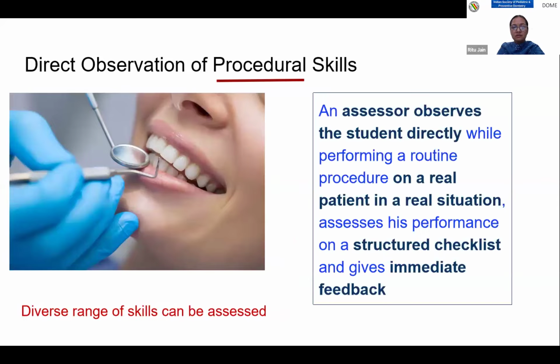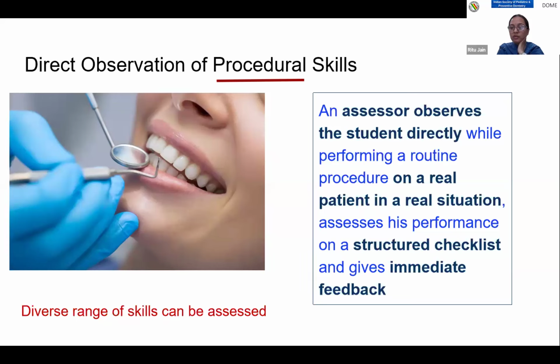In direct observation of procedural skill, usually an assessor observes the student directly while performing a routine procedure on a real patient in a real situation, and the performance is assessed on a structured checklist. An immediate corrective feedback is given to the student.